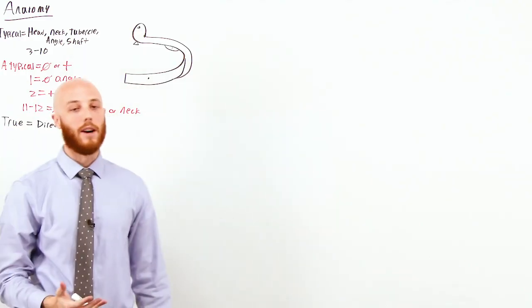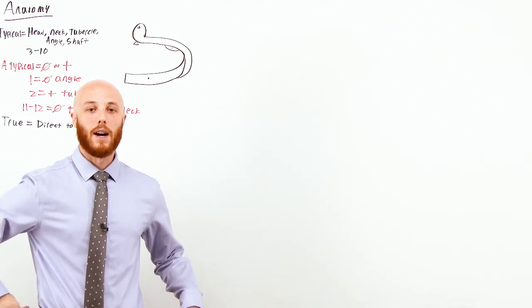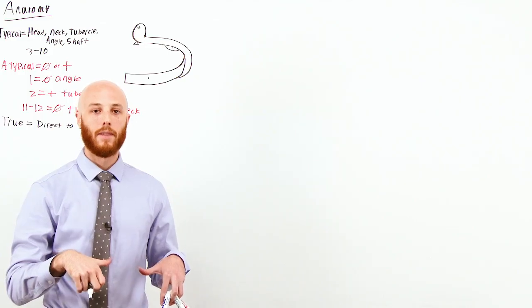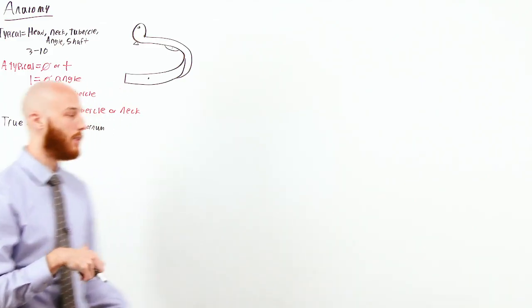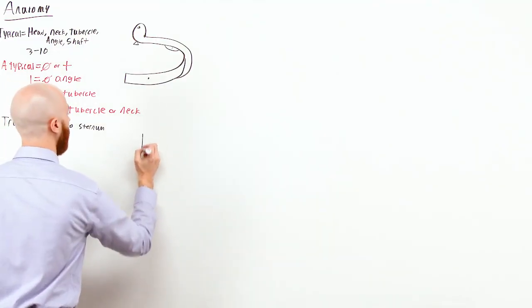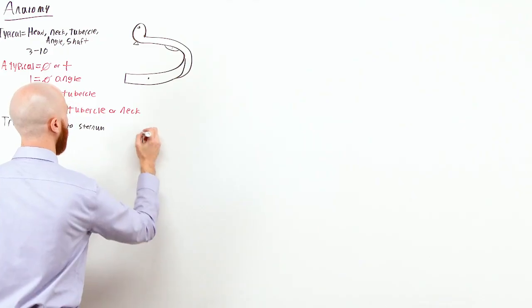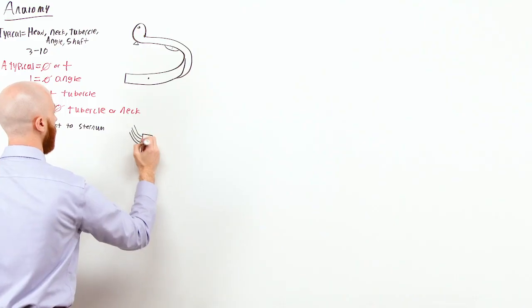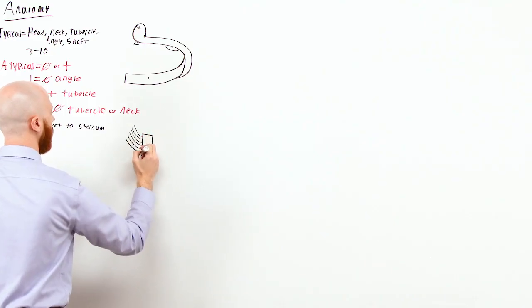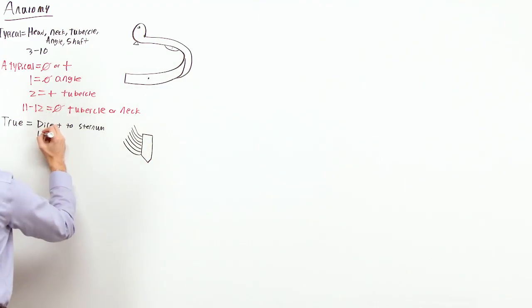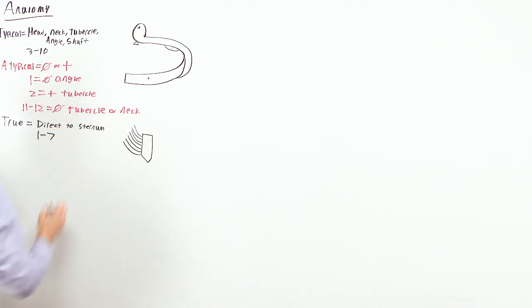So we all know that all 12 ribs begin in the spine and they run all the way anteriorly to the sternum. The true ribs attach directly to the sternum. If we're going to draw this out, it will look like this. Where they attach to the sternum. The true ribs are ribs 1 through 7.